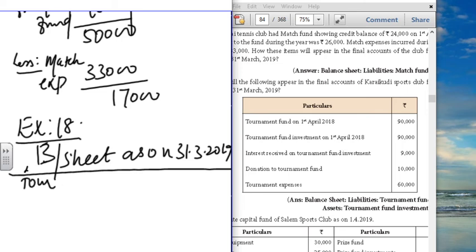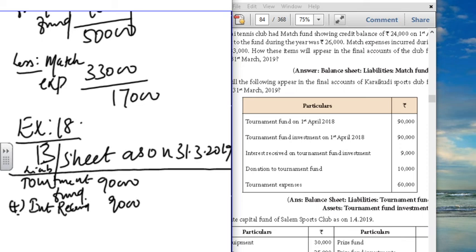On the liability side we are going to write tournament fund 90,000. Add your interest received; you have to write it in full form: interest received on tournament fund.